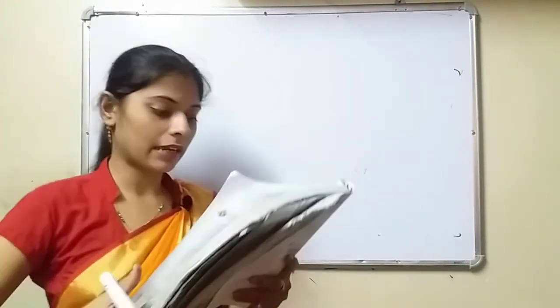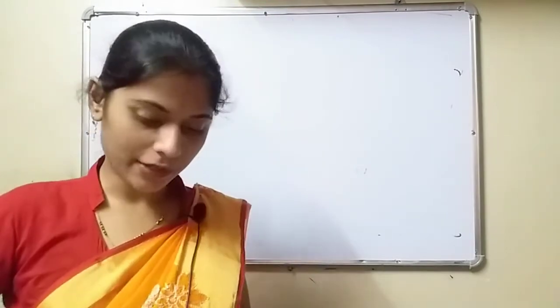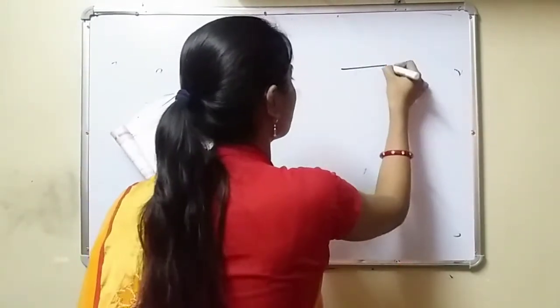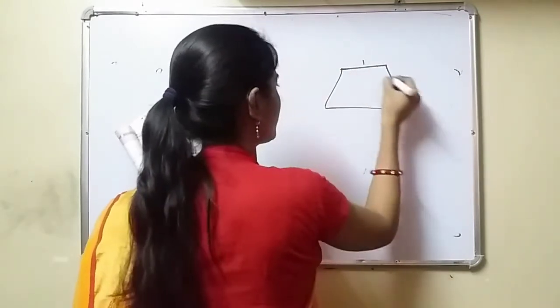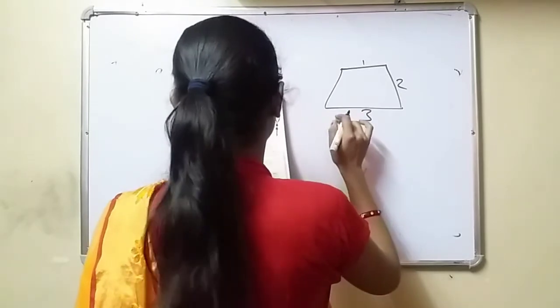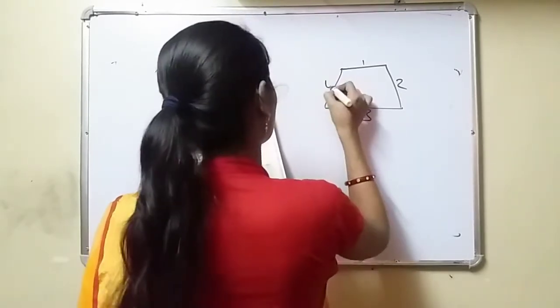Now see question number 2. Make this pattern of trapeziums. See how many sides are there in trapeziums. In trapezium there are 5 sides. 1, 2, 3, 4.